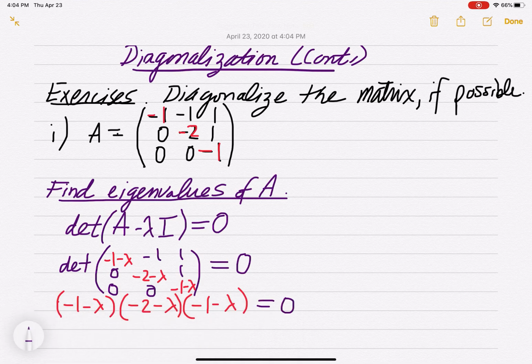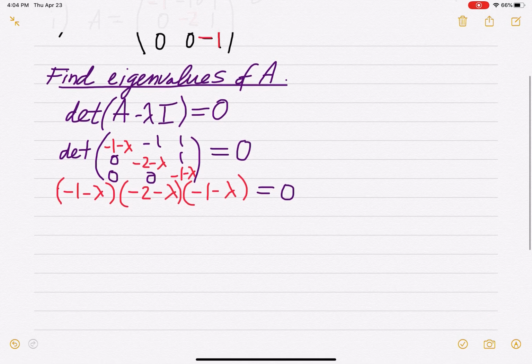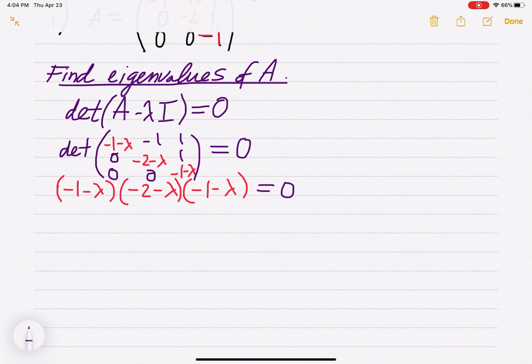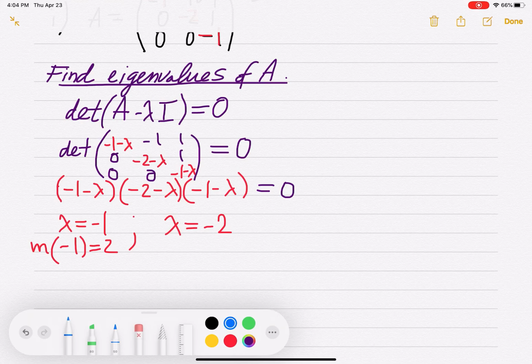This is going to give you basically 3 eigenvalues. Actually, 2 eigenvalues with one of them a repeated eigenvalue. So for example, we have what? Lambda equals -1, and we're going to have a lambda equals -2, and if you look at the algebraic multiplicity here of -1, that is 2, right? Because it's occurring twice. Let's just double check that, right?